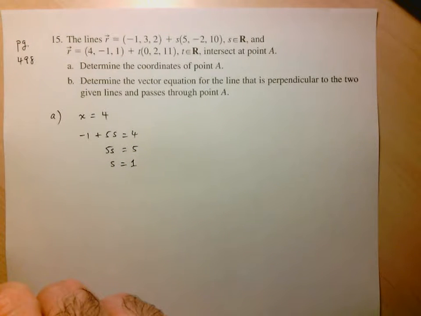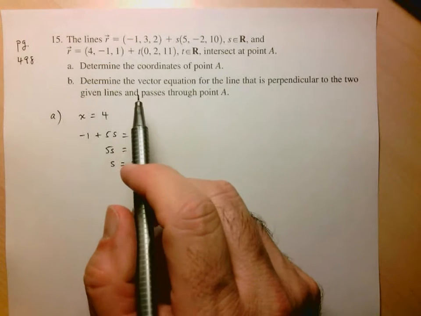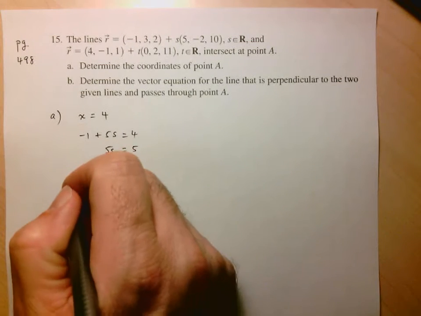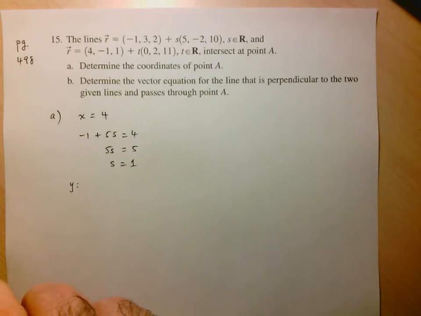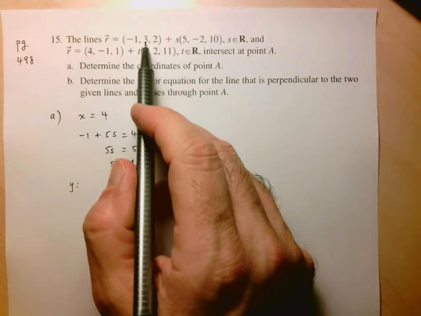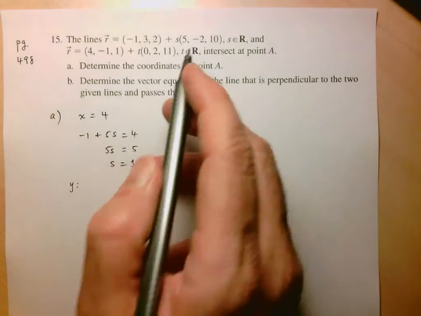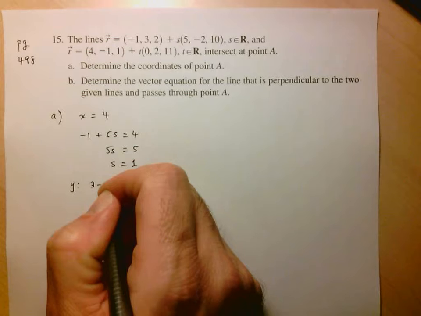Now we can calculate the t value using one of the other equations. Looking here, y looks a little nicer, so I'll work with y. Let's take the first equation. We have 3 minus 2s, because it's -2 there, so 3 minus 2.